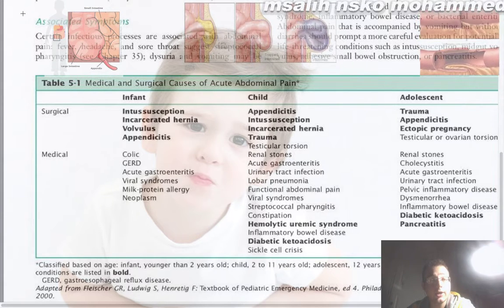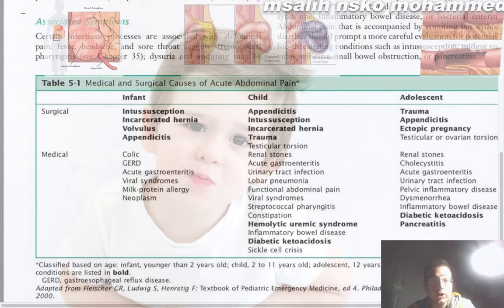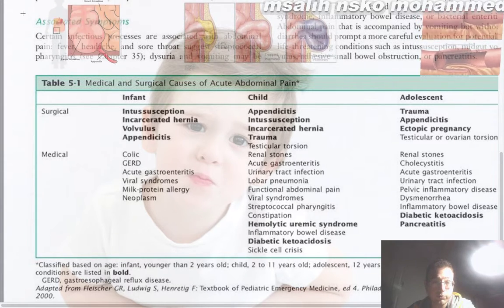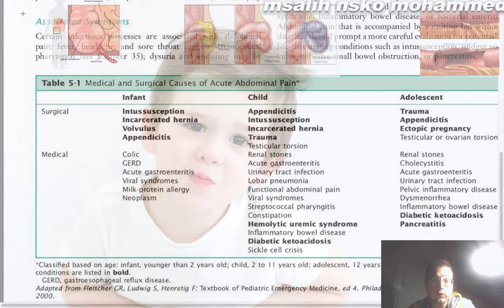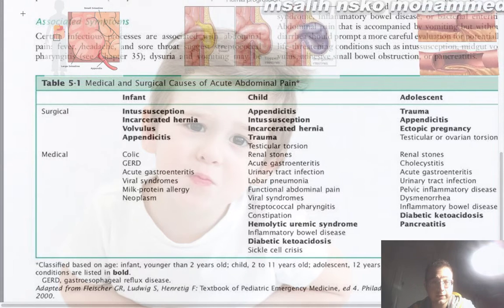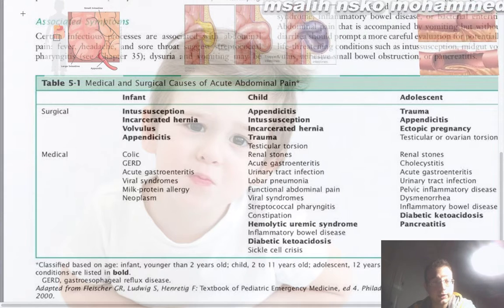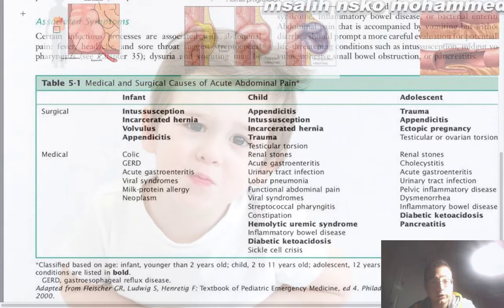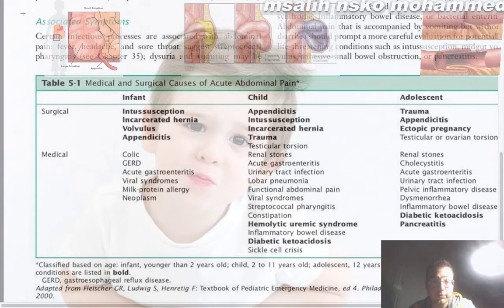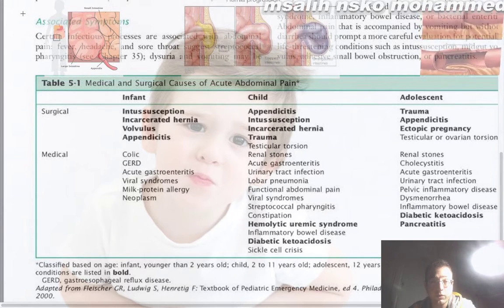So in the infant, surgically we have invagination of the intestine, which is causing pain, hernia, volvulus, and appendicitis. And clinically, colic pain, GERD, acute gastroenteritis, viral syndrome, milk protein allergy, and neoplasm.